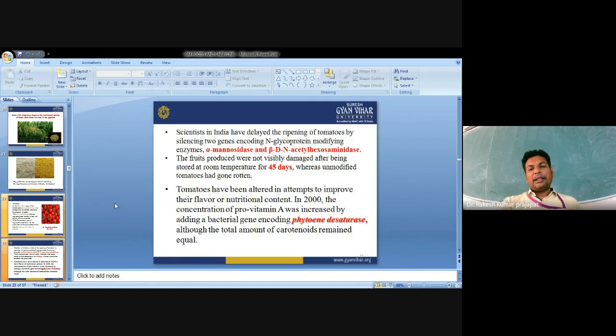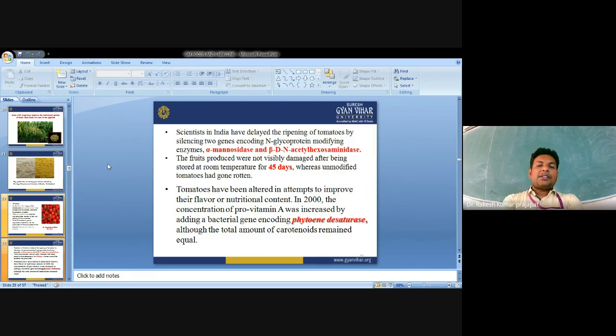Scientists in India have delayed the ripening of tomato by silencing two genes which encode N-glycoprotein modifying enzymes, alpha mannosidase and beta-D-N-acetylhexosaminidase. The fruit produced was not visibly damaged after being stored at room temperature for 45 days, whereas unmodified tomato had gone totally bad.